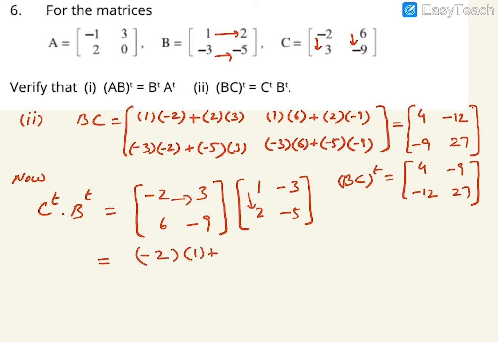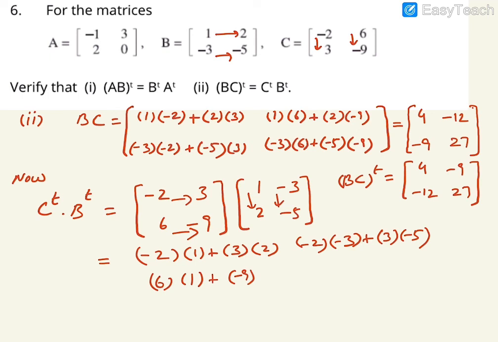Minus 2 into 1 plus 3 into 2. Similarly, the first row with the second column: minus 2 into minus 3 plus 3 into minus 5. Second row with first column, 6 into 1 plus minus 9 into 2, and 6 into minus 3 plus minus 9 into minus 5. This was the second row with the second column.